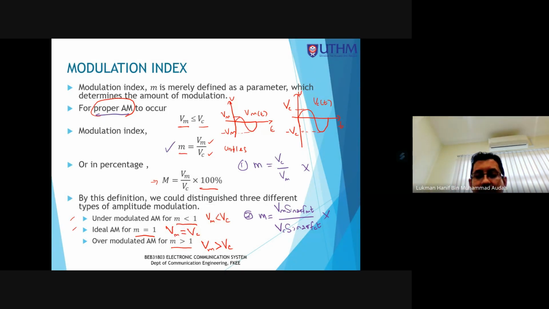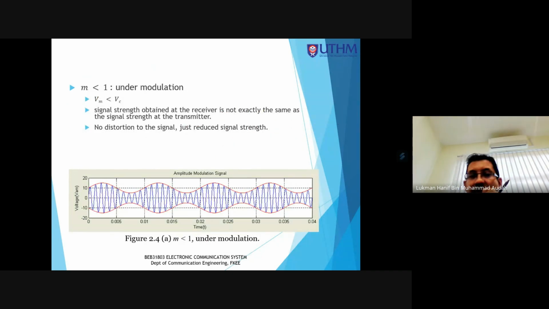For under modulation, m less than 1, that means the peak amplitude of the message is less than the peak amplitude of the carrier. The signal strength obtained at the receiver is not exactly the same as at the transmitter. It is less because of attenuation, and there is no distortion to the signal, just a reduction in signal strength.